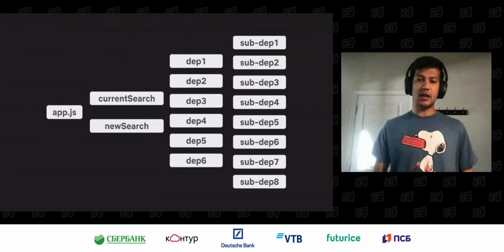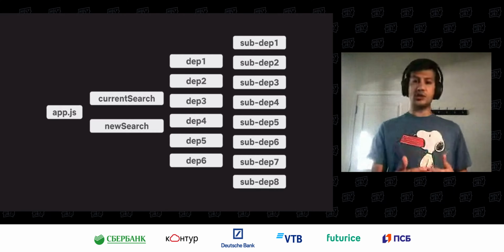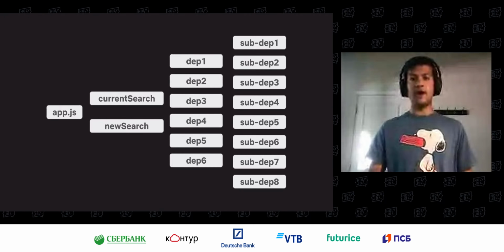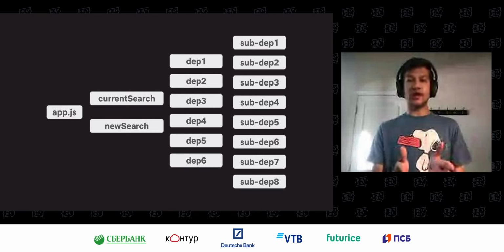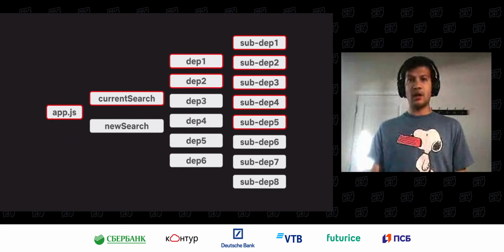So you can imagine that the JavaScript code would look something like this. So you have an entry point, app.js, and then you have these two search components, the new search component and the current search component. And these components actually have their dependencies and sub-dependencies for it to execute.